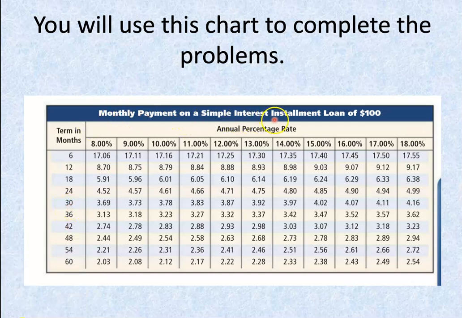Monthly payment on a simple interest installment loan of $100. So for every $100, how much are you going to pay in interest? This is the term, the time: 6 months, 12, 18 months, and here are your percents. If it was 6 months at 8%, the number you're getting is $17.06.